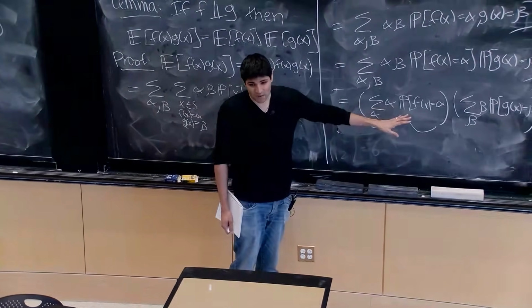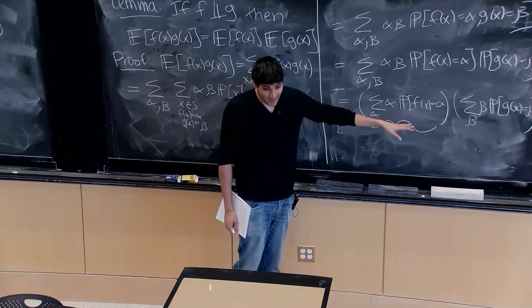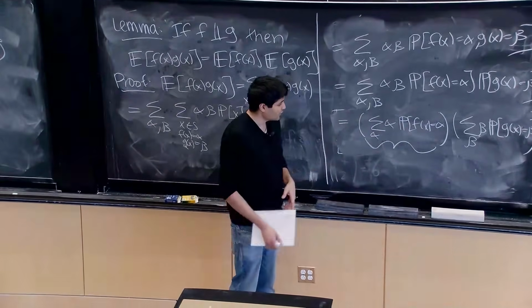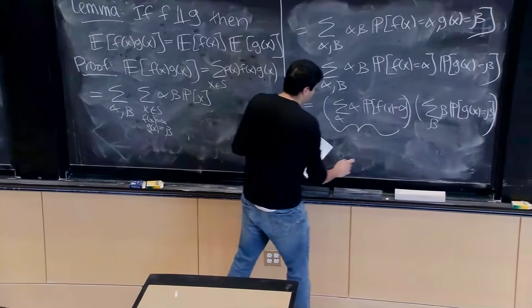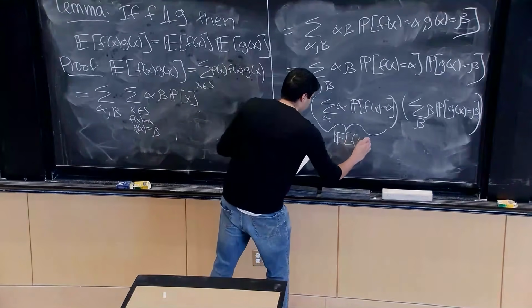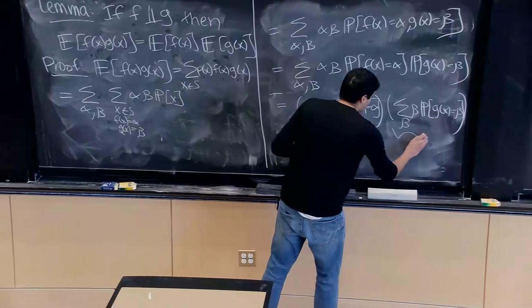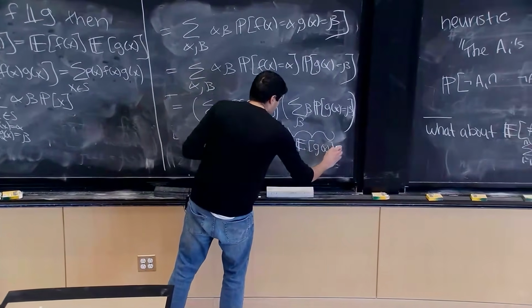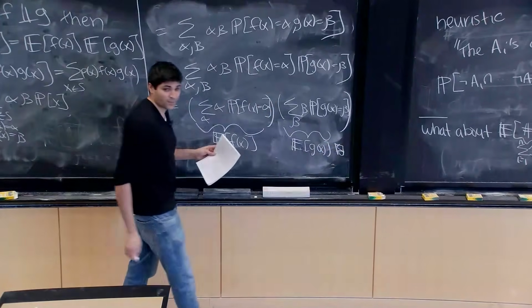Here I'm doing the same thing, but I'm collecting all the x's together that have f of x equal alpha and arranging it that way. So this is exactly just another definition for the expectation of f of x. And likewise, this right here is the expectation of g of x. Awesome. So we're done.